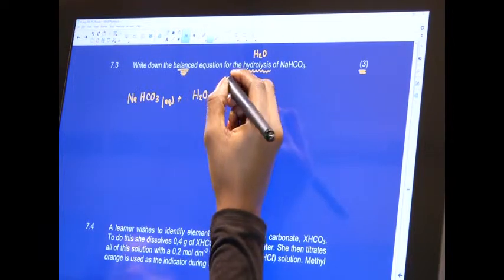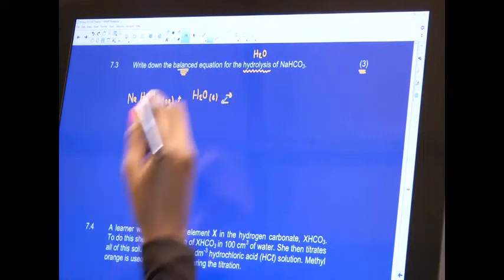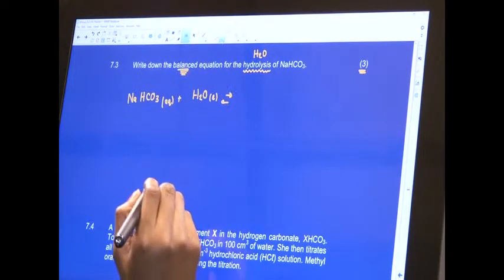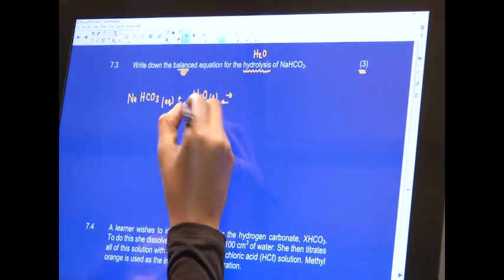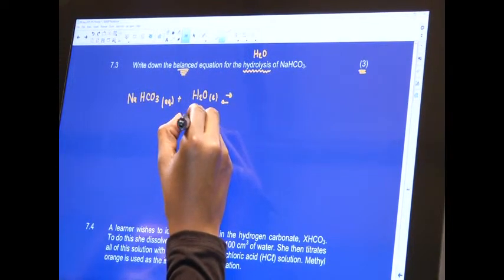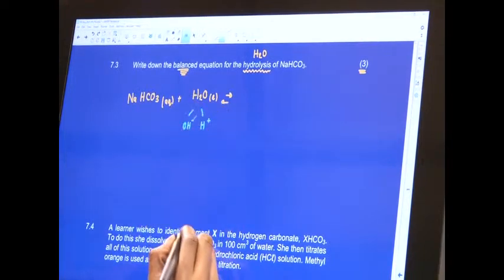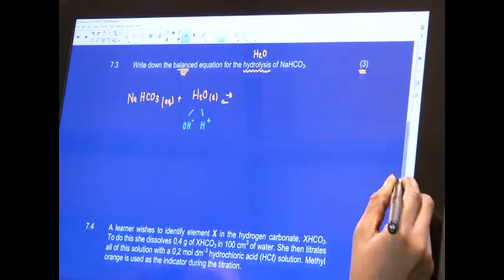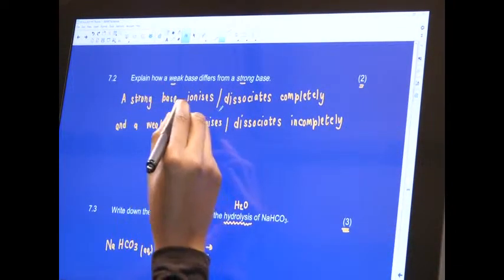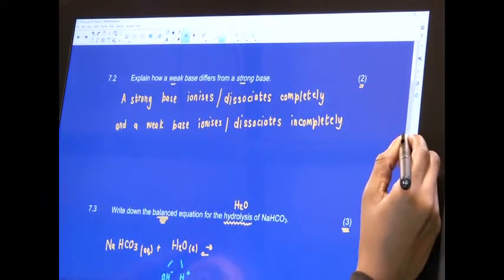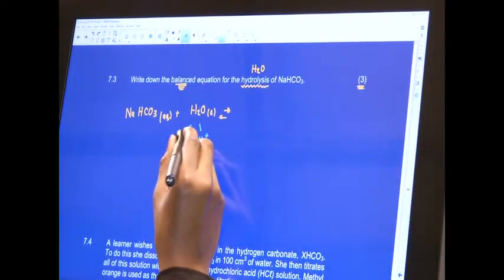Now, here we need to figure out what is going to happen. Let me just use a different color. Now, I can see that I've got sodium on this side. I know that water can dissociate into OH minus and H plus. Where am I getting this? Already we were just talking about strong bases and weak bases ionizing partially and incompletely. Now I can see that Na can form a base with the OH.